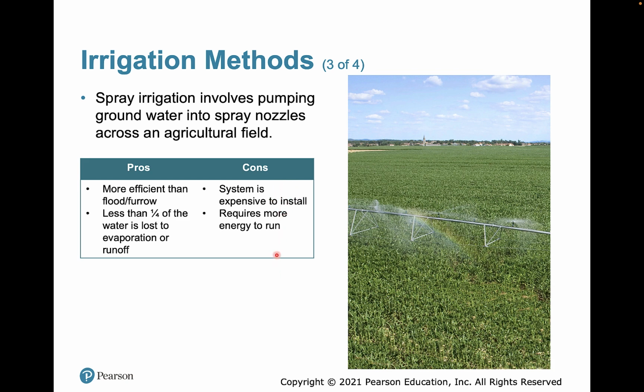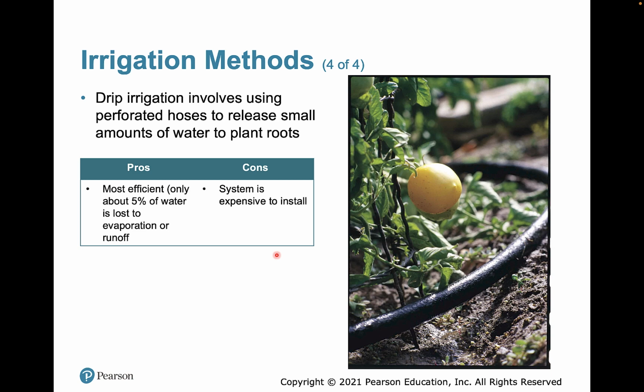And you're limited to where you can grow your crop. You can only grow your crop where your irrigation system can reach, okay? And it also requires more energy to run because you wind up having to move these sprayers. You have to pump water up from the ground. So it becomes pretty expensive. But this is really frequently what you see in farms around here.